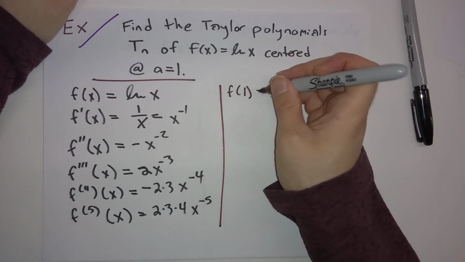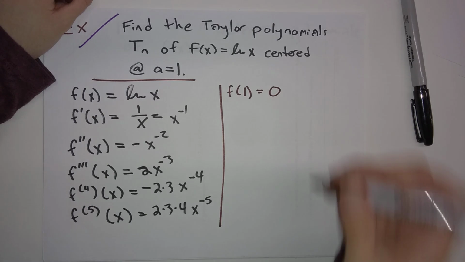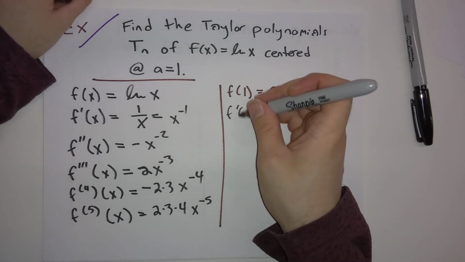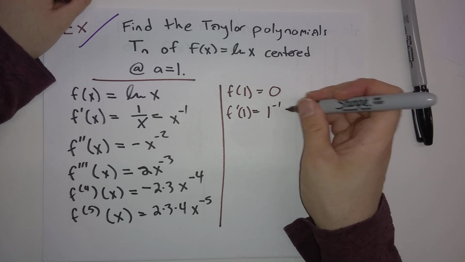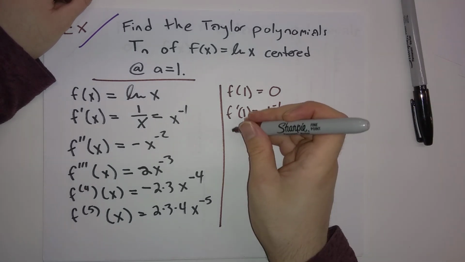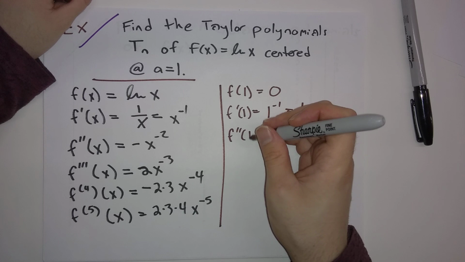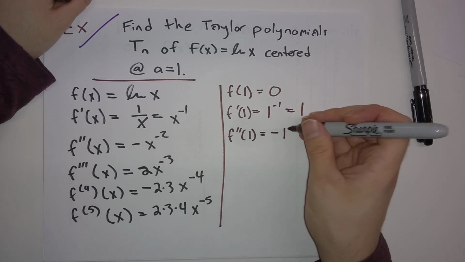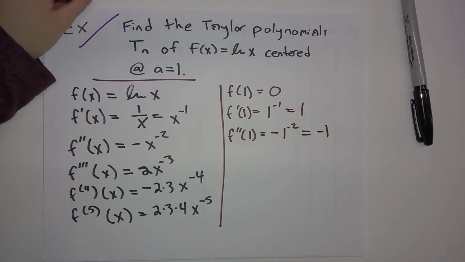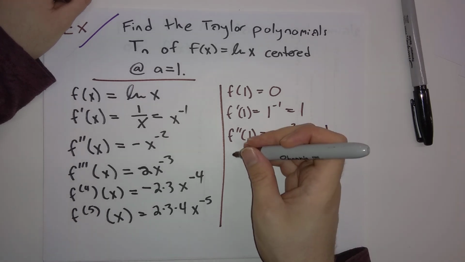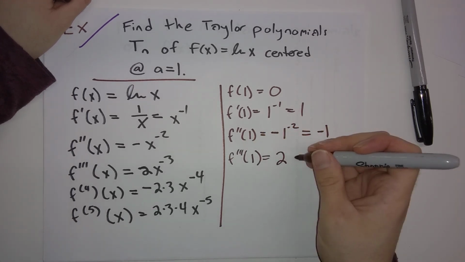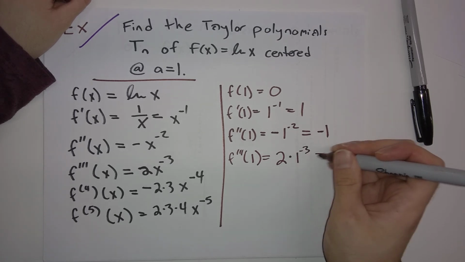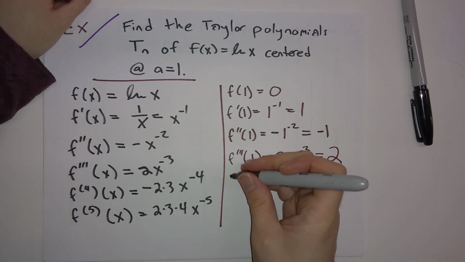So f of 1, natural log of 1, of course, is 0. f prime of 1, so 1 to the minus 1, that's just 1. f double prime of 1 is minus 1 to the minus 2, that's minus 1. f triple prime of 1 is 2 times 1 to the minus 3, so that's 2.